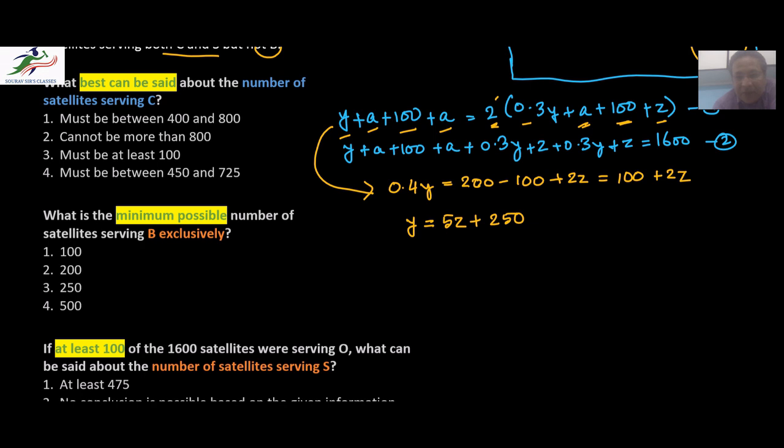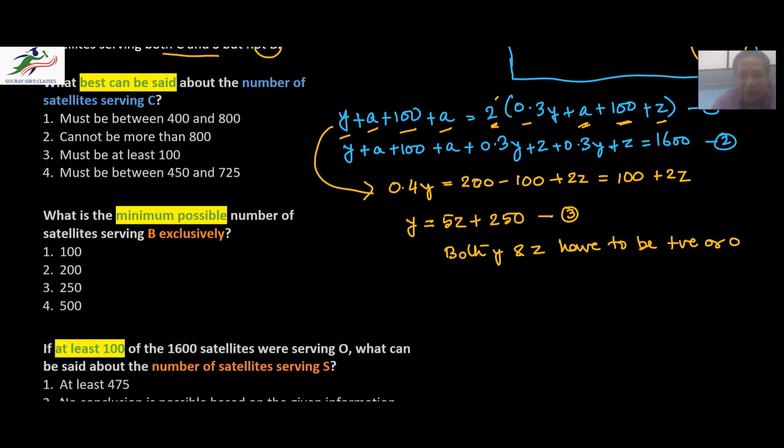Now, this is my third equation, and from here I can see that both y and z have to be positive or 0. It cannot be negative.